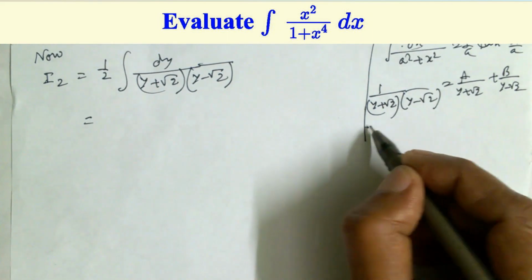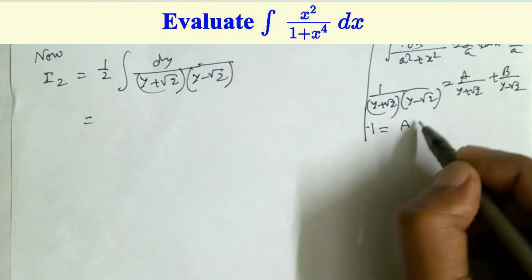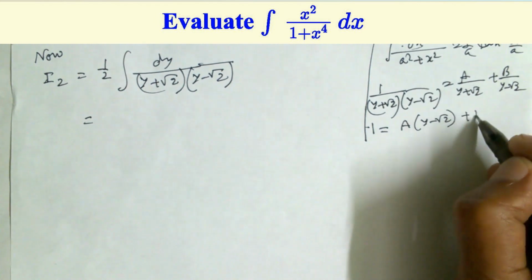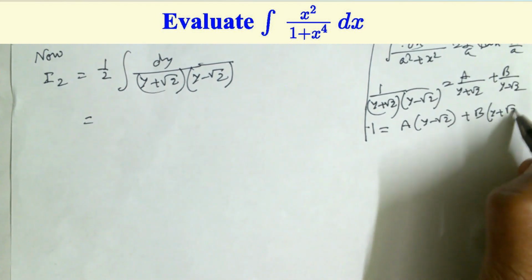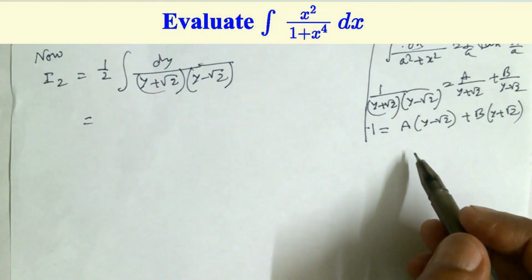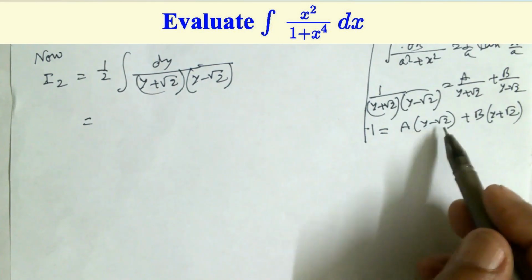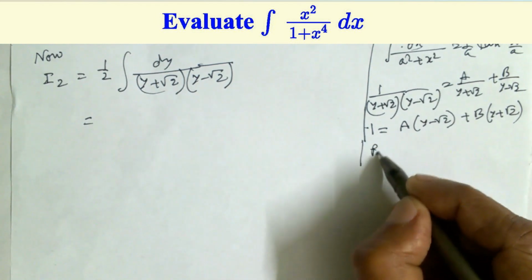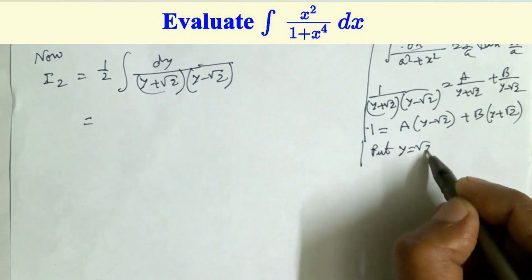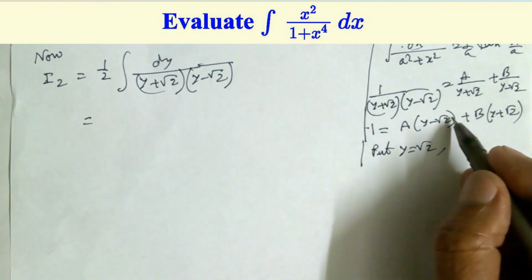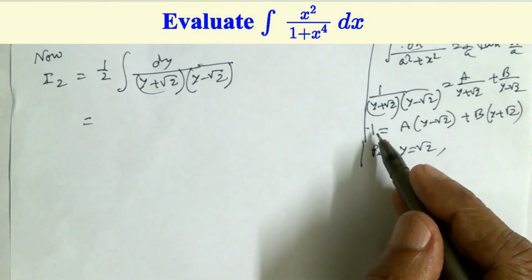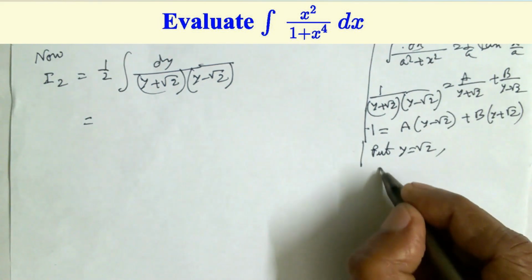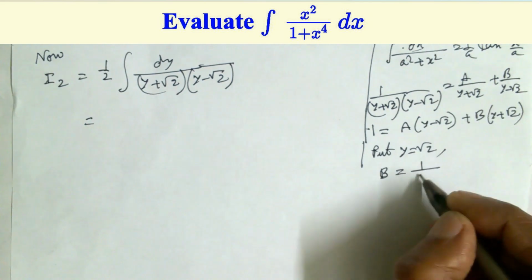That is equal to 1 is equal to a into y minus root 2 plus b into y plus root 2. To find the value of a and b, put y is equal to root 2. In that case, this term will be 0. Then root 2 plus root 2, 2 root 2. So here directly writing 1 by 2 root 2.